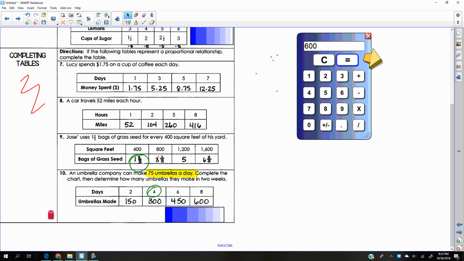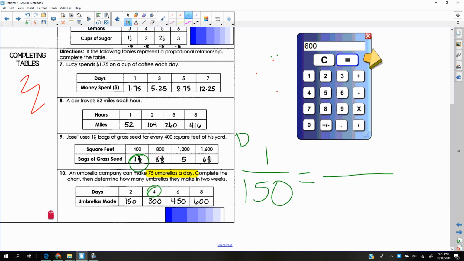All right, so now we know that it takes 1 day to make 150 umbrellas. Notice how I'm switching it around, because I'm going to show you how it doesn't matter. Remember, these are the days, these are the umbrellas. So we need to figure out in 2 weeks.